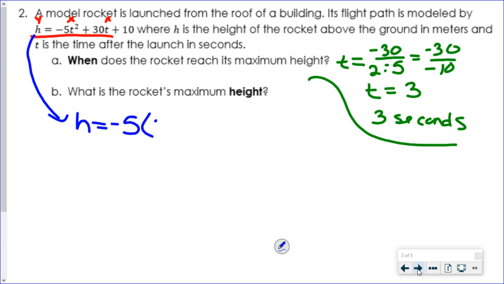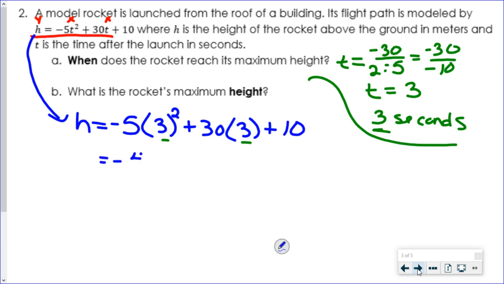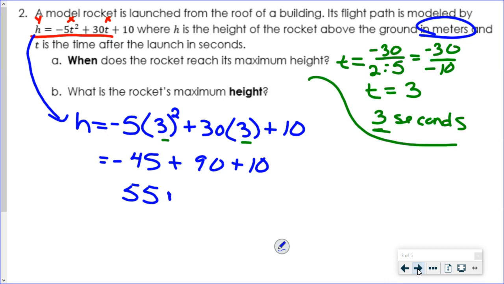Again, we're just really talking about the vertex. And again, this number is being used in place of time. So then you put this in your calculator, and you get negative 45 here, and you get 90 here, and you get 10 here. So the answer is 55, and height is measured in meters.